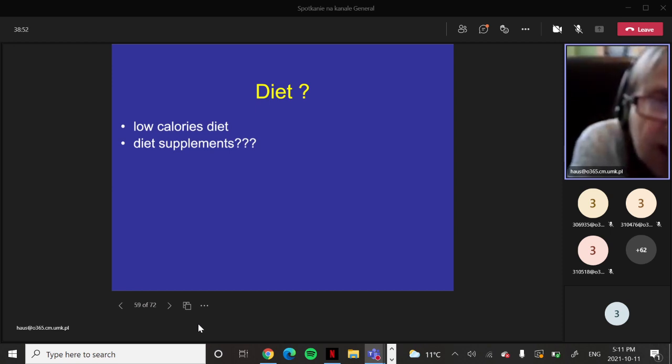Some supplements may be good, but not many. The only diet supplement which is verified is green tea.